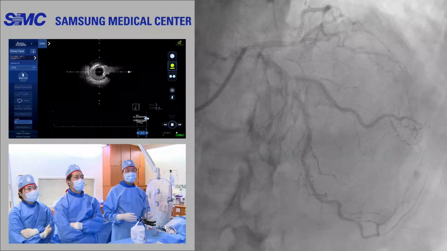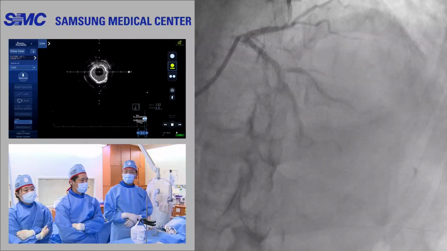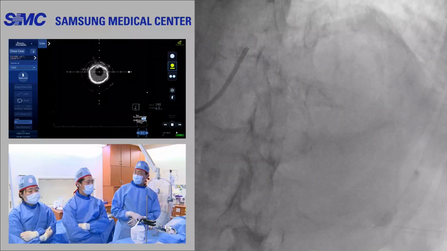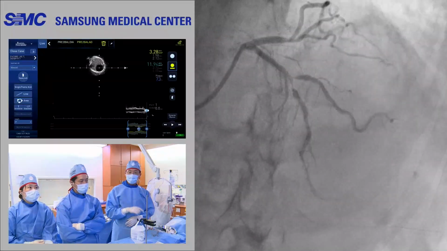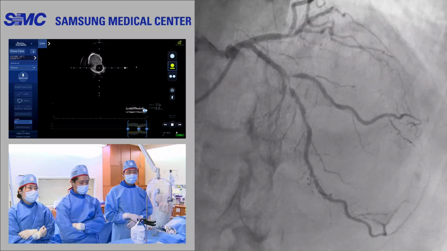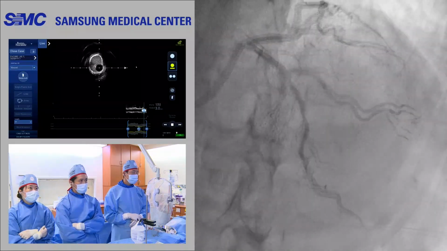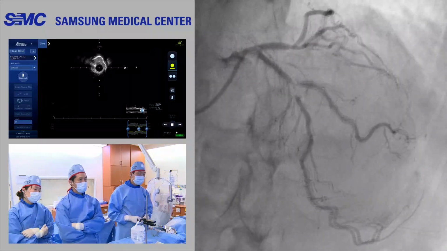So the vessel size may be larger, but I like to avoid edge dissection or compromising the proximal and distal calcification.